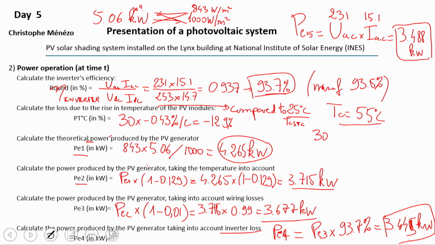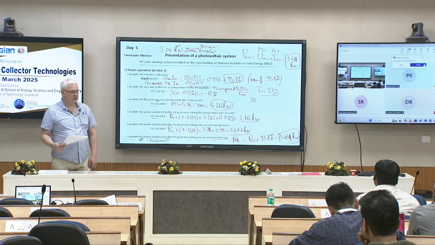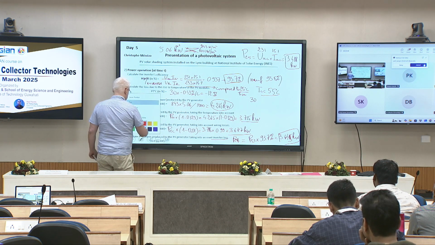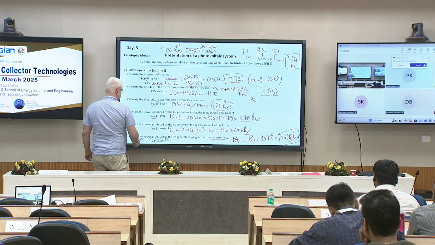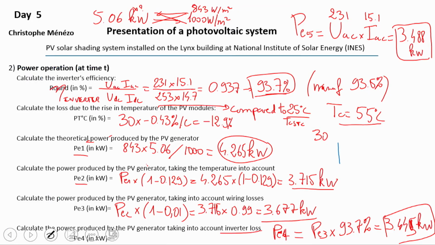It is to have a global evaluation of the performance of my PV central. Okay. So, of course, it is a ratio between two powers, which one divided by each one.